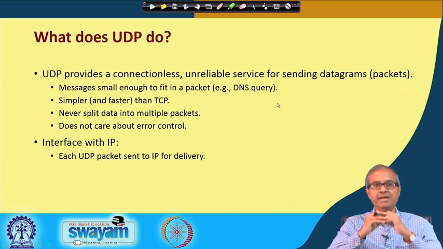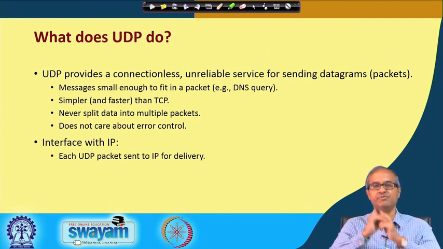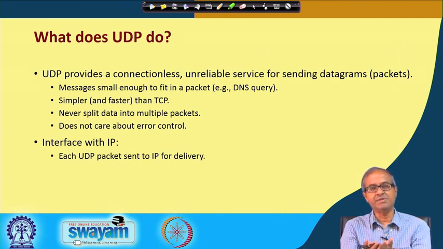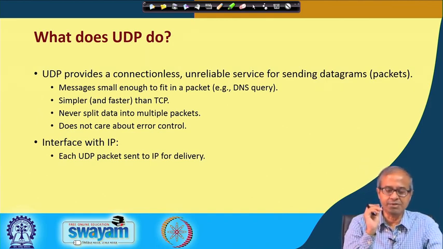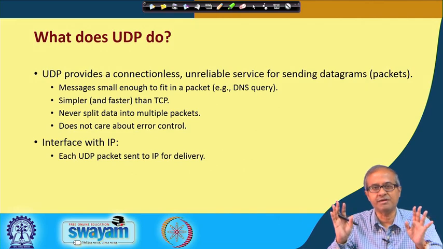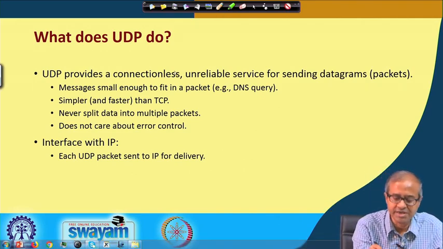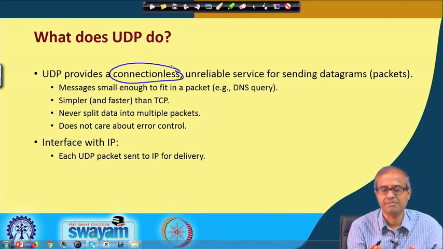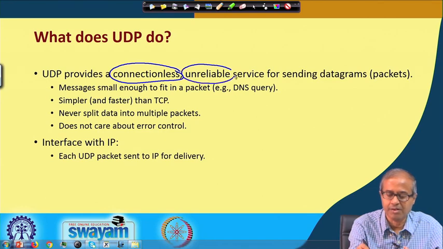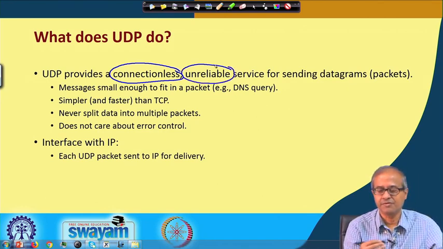Now, UDP is a simpler version of TCP, which is basically quite similar to IP, just a little thing extra beyond IP. You see, UDP does not provide any kind of reliable connection. What UDP provides is a connectionless, unreliable service, just like a datagram, for sending datagrams.